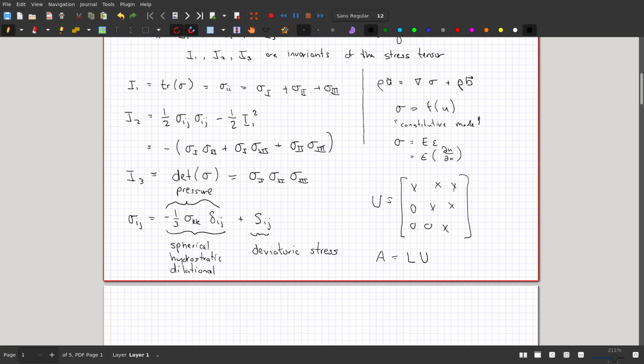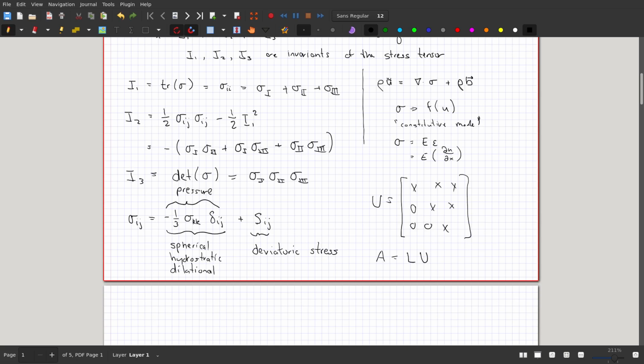So this is like the average hydrostatic stress that characterizes resistance to change in pure compression or pure expansion of a material. And the deviatoric stress characterizes the shear behavior of the material. So that's another way to think of it: a decomposition into the shear and the hydrostatic parts.